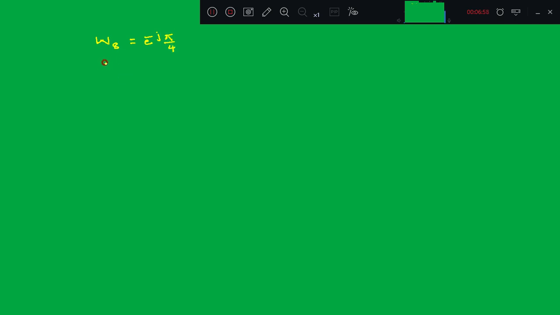Now we'll calculate the first value, that is W8 raised to 0, that is e raised to minus j pi by 4 into 0, which is equal to 1.